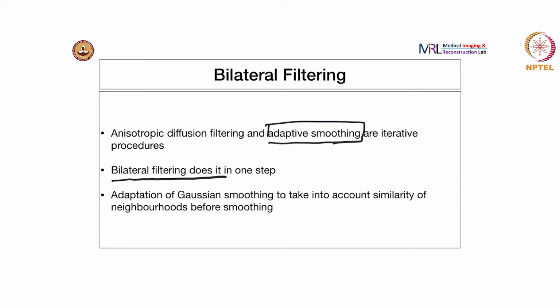For instance, I'll give you an example. Let's say you take a picture of a person, a face image. Now, if we want to average inside the eyes, the iris, etc., you would like to consider pixels in the other eye, wherein you would expect the pixels in the two eyes to be similar.